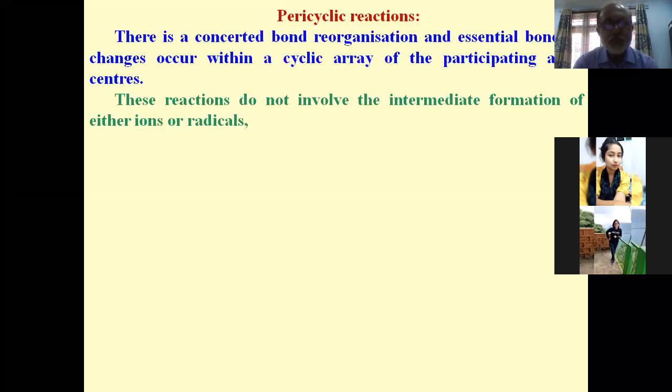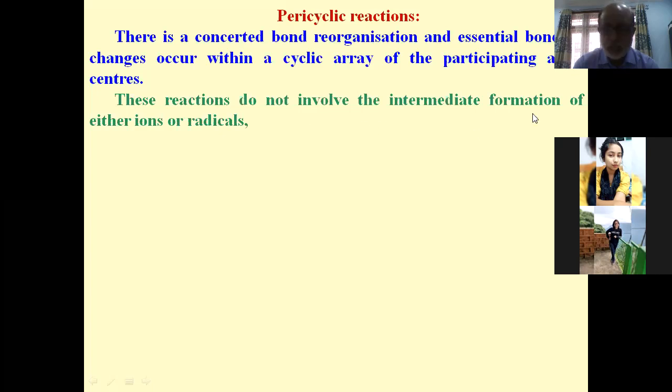There is a concerted bond reorganization, and essential bonding changes occur with a cyclic array of participating atomic centers. That means it is passing through a cyclic transition state. The reaction does not involve any intermediate formation.